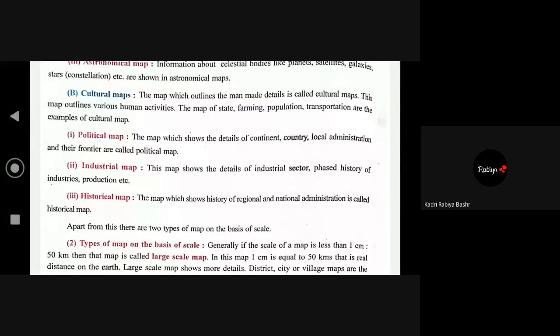Now, maps belonging to the industrial sector, showing the history of industries, production, etc. are industrial maps. And now comes the historical map. Which maps come under historical maps? The maps which show the history of a place, and regional and national administration, are called historical maps.